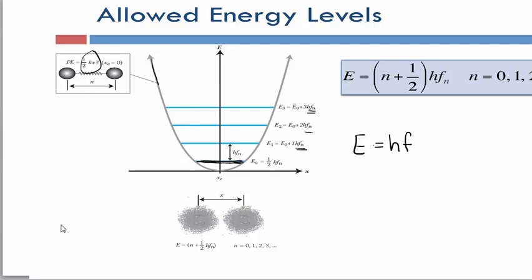So what does this tell us? Well, it tells us that the separation between the atoms here has some allowed energies for which this can exist around this equilibrium separation xE. And those energy levels that the system is allowed to take on are quantized in this way, and they exist in these levels.